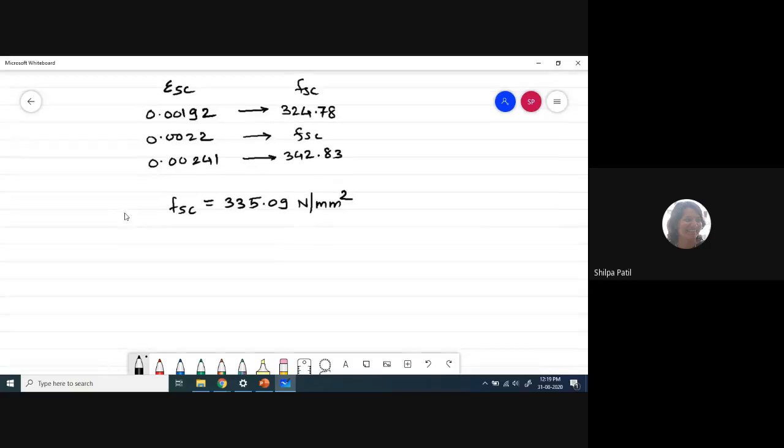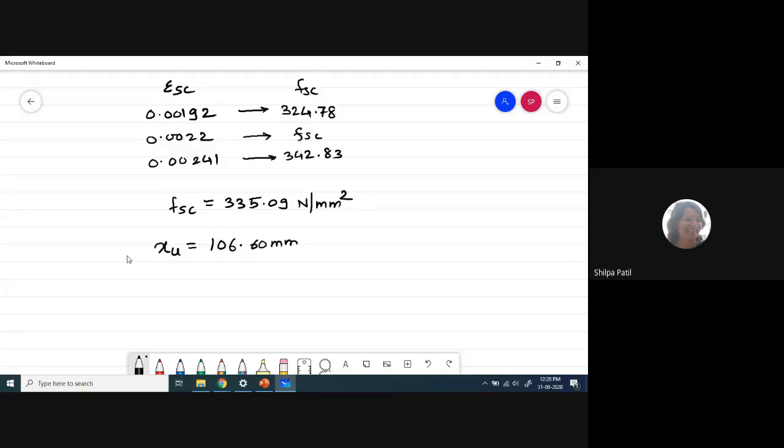So again, I have to go to the next iteration. That is, again I have to calculate XU, then epsilon SC. See, this process we have to keep repeating until we get a constant FSC value. So I will directly write down the value of XU. For the next iteration, I'm getting the value of XU as 106.60 mm.